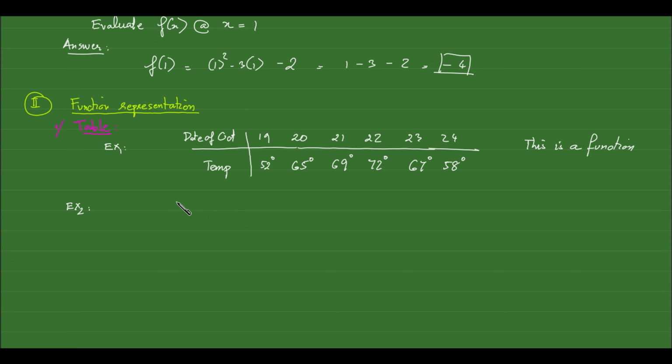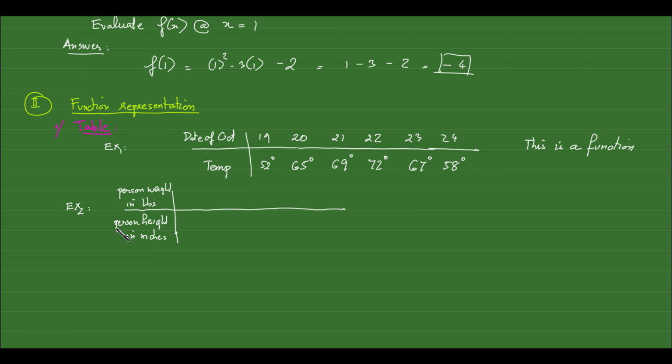I have another table. The input is the person's weight in pounds, and over here is the person's height in inches.